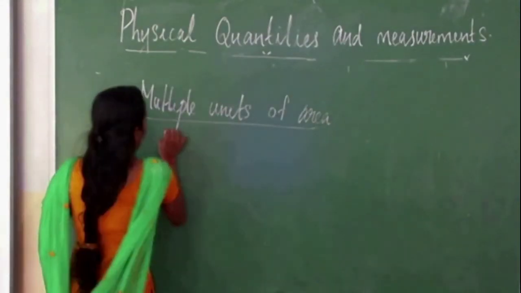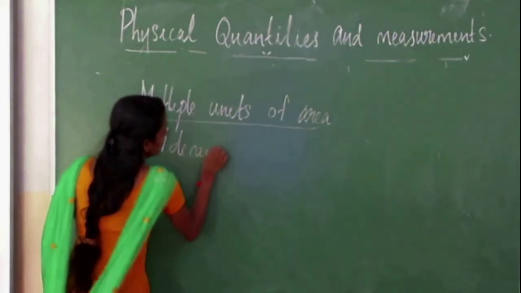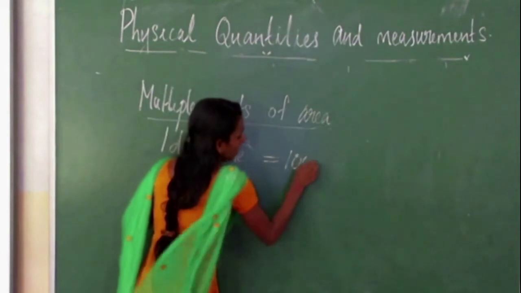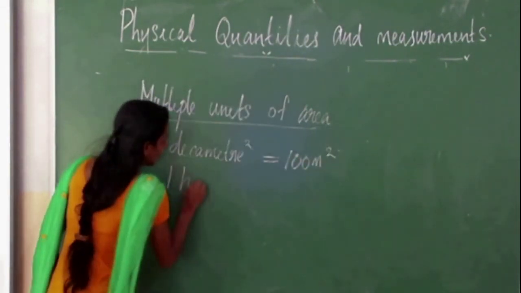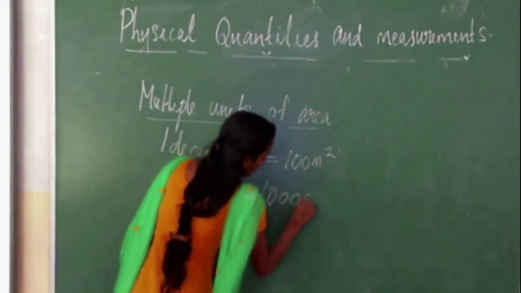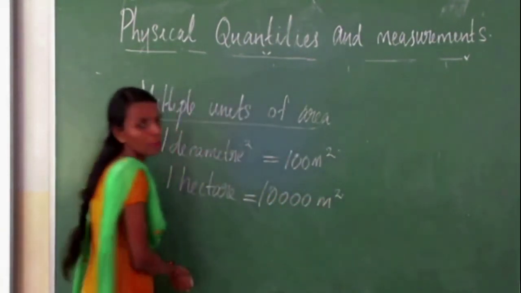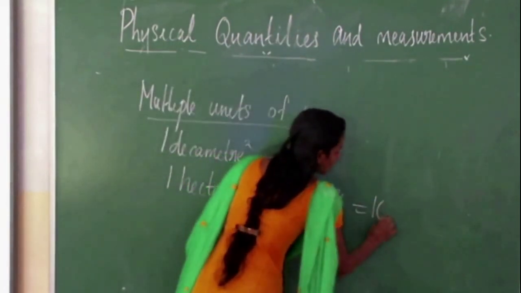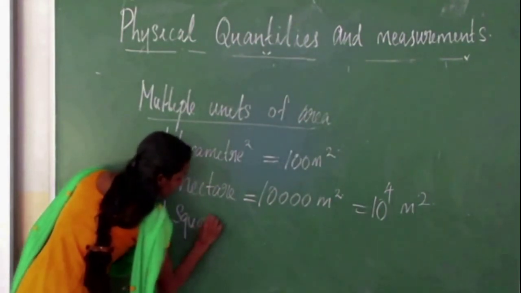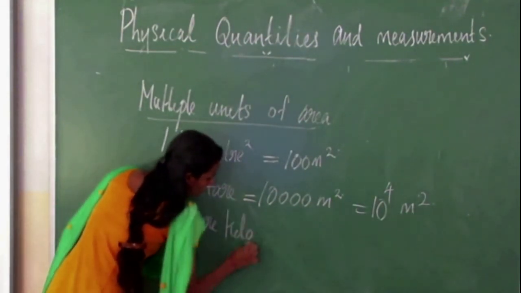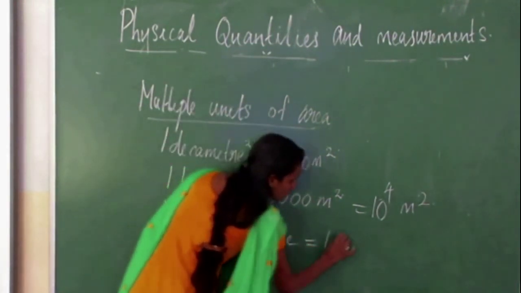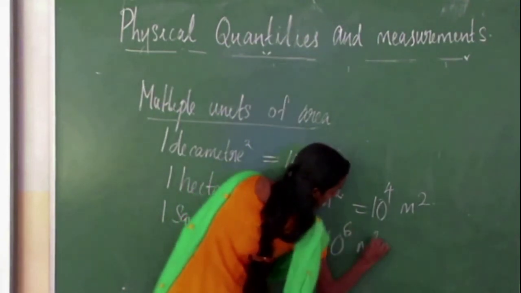Multiple units of area. 1 decameter square is equal to 100 meter square. 1 hectare is equal to 10,000 meter square. We can write 10 raised to 4 meter square. 1 square kilometer is equal to 10 raised to 6 meter square.